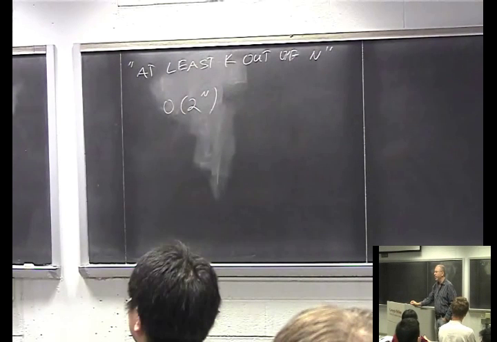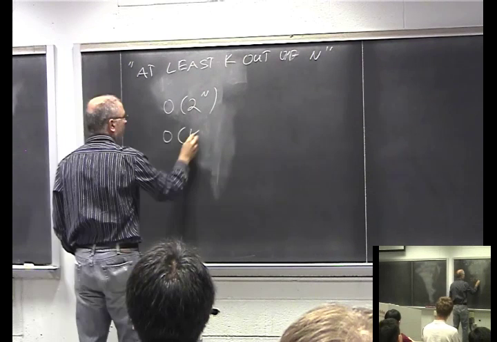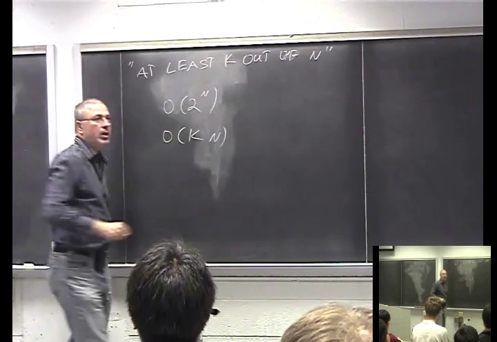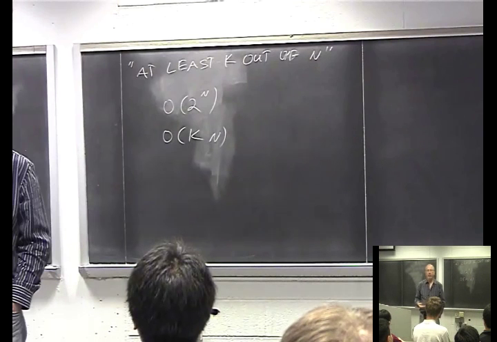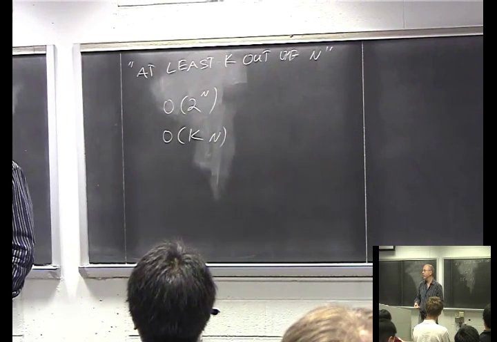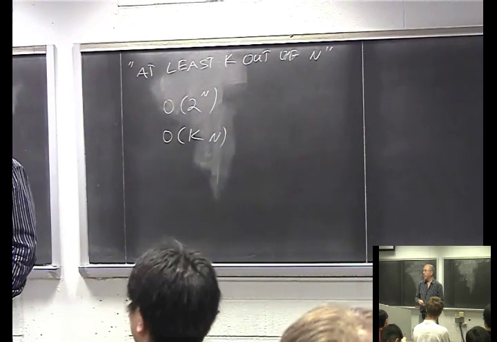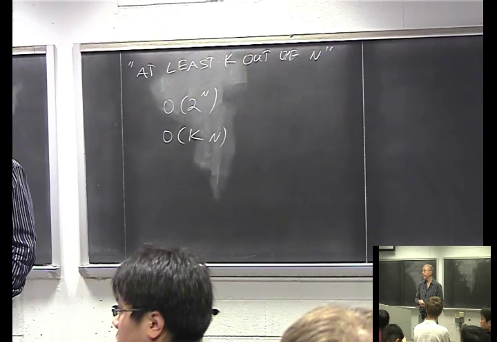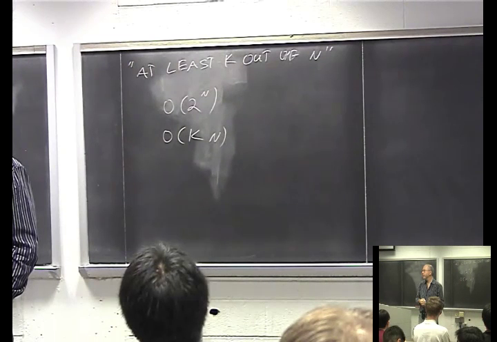K times n? Any other suggestions? So how would you do it in Kn? So if the tree starts at the top, you have to populate the whole node branch and 20 layers of yeses along the side.